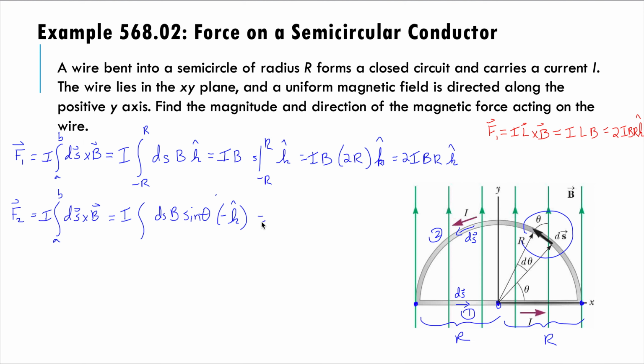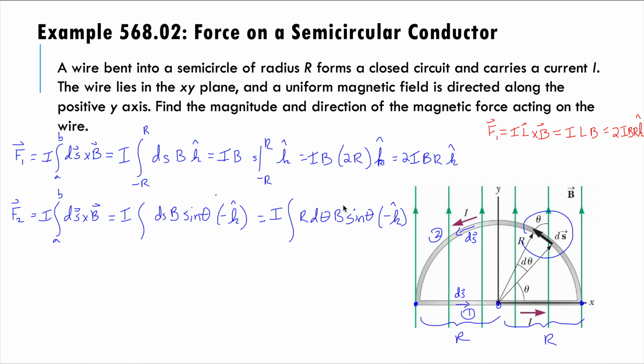And now, we know that we're going to want to integrate, and instead of integrating along this arc length here, we like to make our usual substitution, which is that ds equals r d theta. If you remember that substitution, then we'll be able to integrate along theta. So integral of r d theta B sine theta negative k.